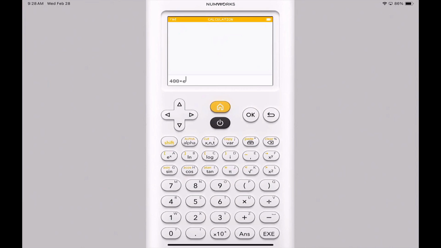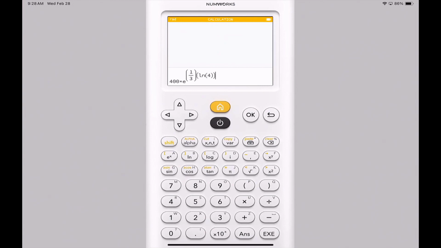Now, parentheses, 1/3. I use parentheses more because that's just the way it works. Natural log 4, parentheses, parentheses.